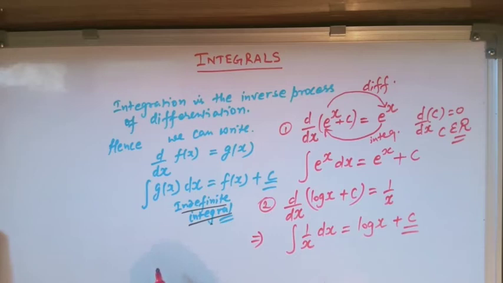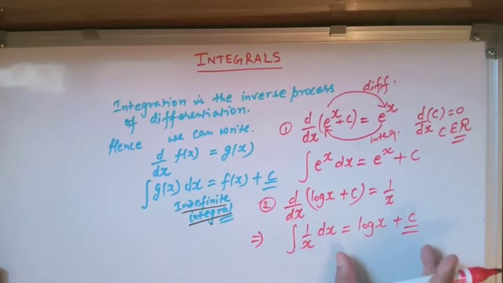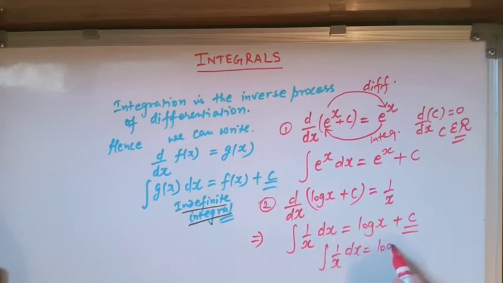Similarly, viewers, more strictly we should write this expression as the integral of 1 over x dx is equal to log of absolute value of x plus c, clear, where x is not equal to 0, clear.